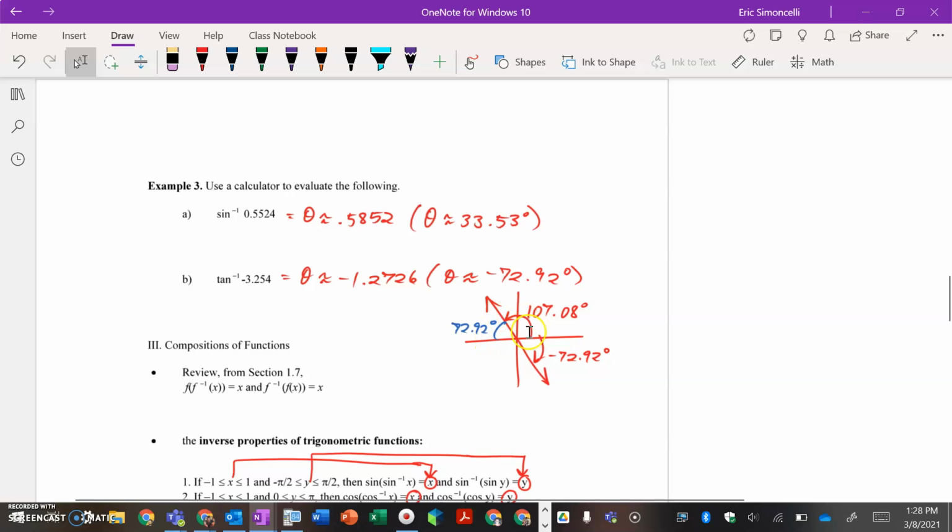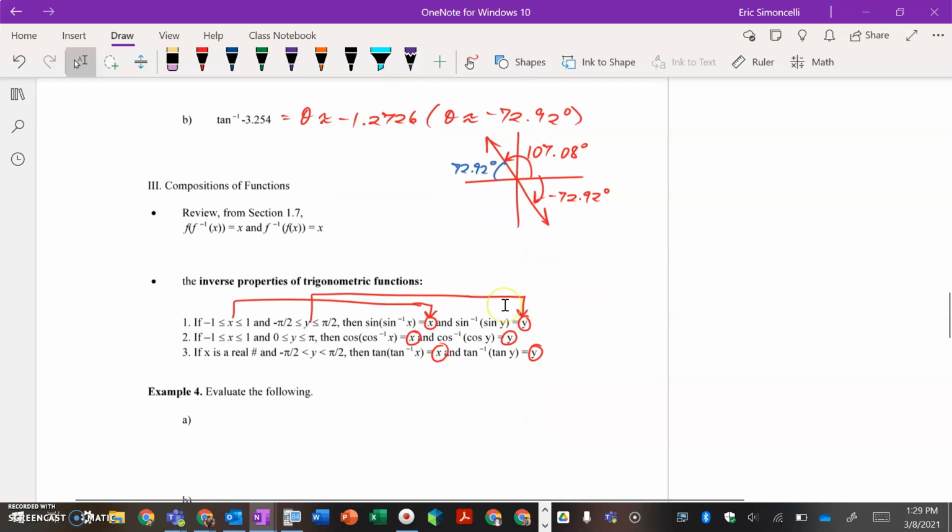The positive coterminal angle would be 107.08, meaning with regards to this reference angle. Technically, the calculator is only going to give you this answer, as it should, but we also need to know that the tangent of 107.08 is going to have the same exact tangent. If you were to check your answer, that would obviously work. It turns out only the answer we see here speaks to the radian value, an angle between negative pi over 2 and positive pi over 2.